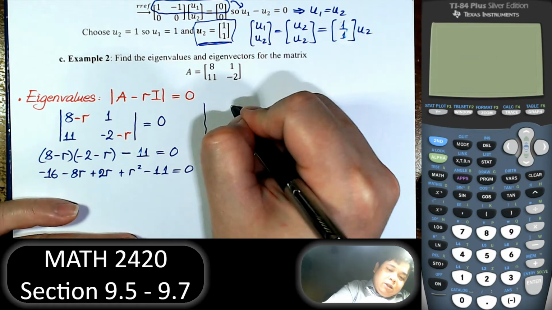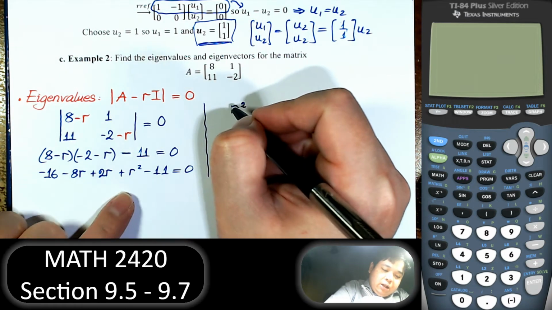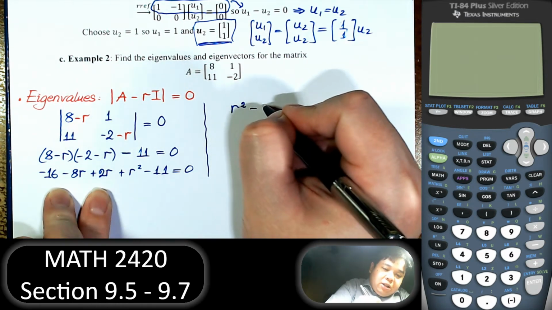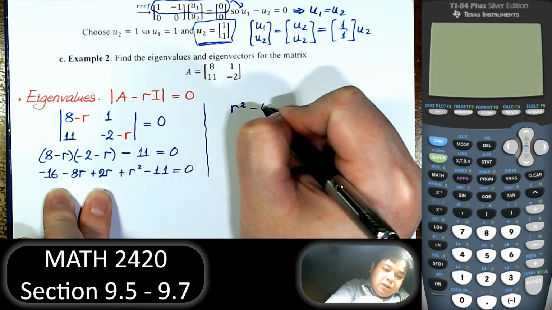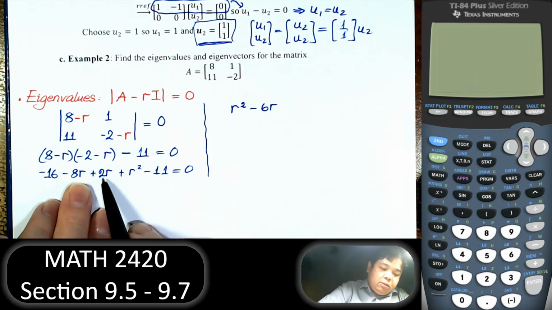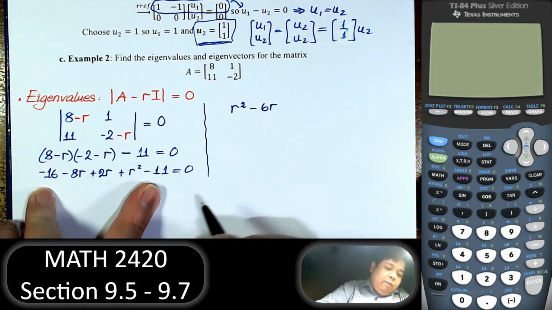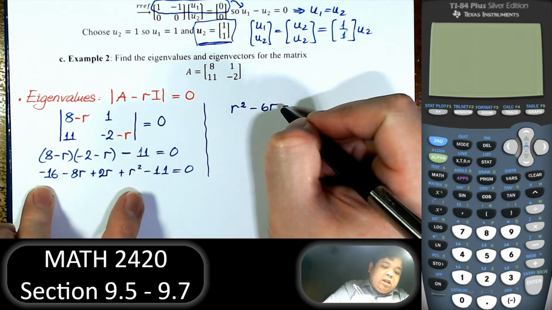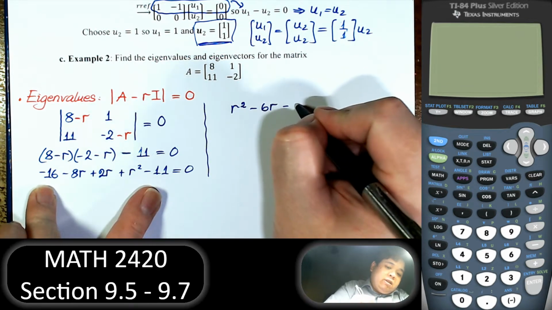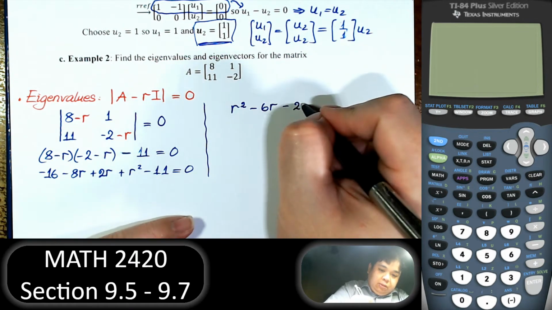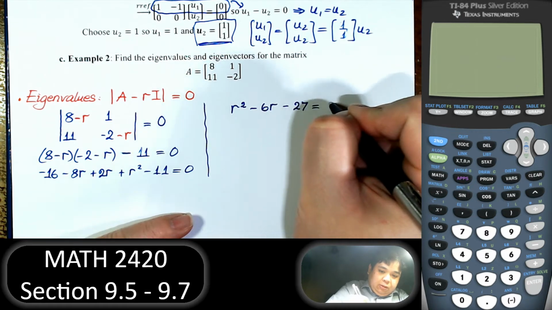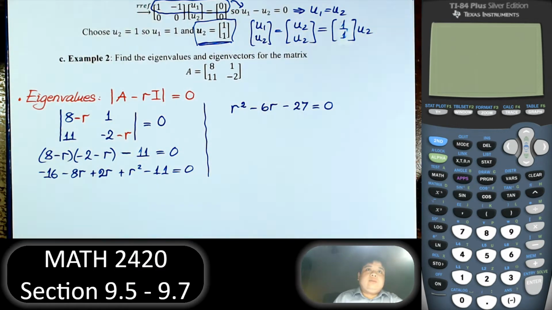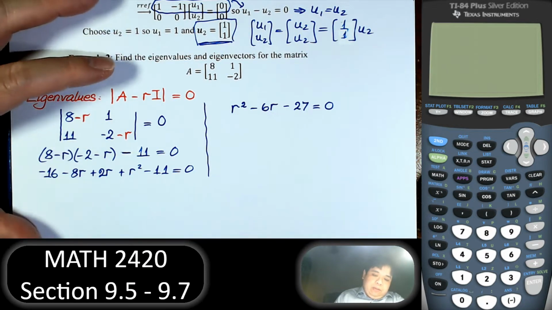Combine like terms, we have r squared minus 6r minus 27, right?